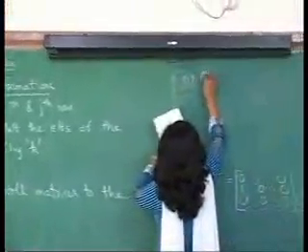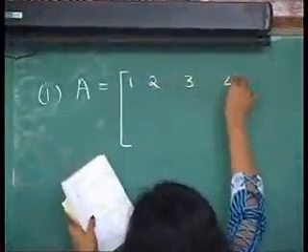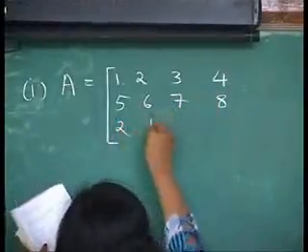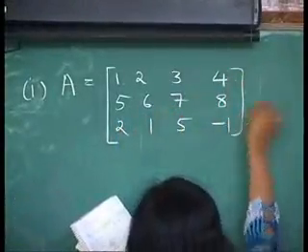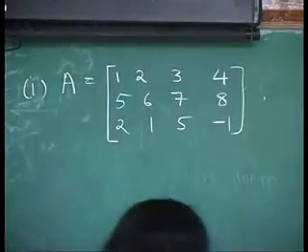Let's try out the matrix 1, 2, 3, 4, 5, 6, 7, 8, 2, 1, 5, minus 1. So let us try and reduce this matrix to the echelon form.